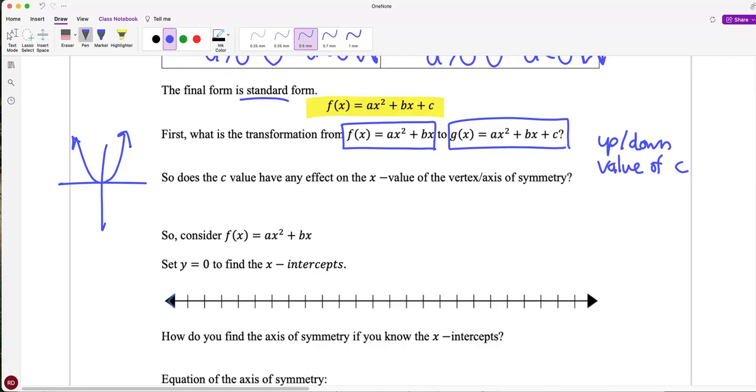What effect does it have on the vertex or the axis of symmetry? Well, it's not going to move me left or right, so there's no change on the axis of symmetry. But if I move it up or down, the vertex is going to move, so the y value of the vertex can change.